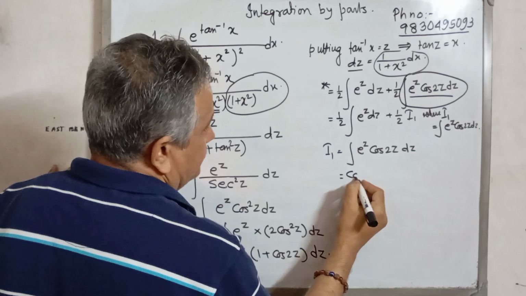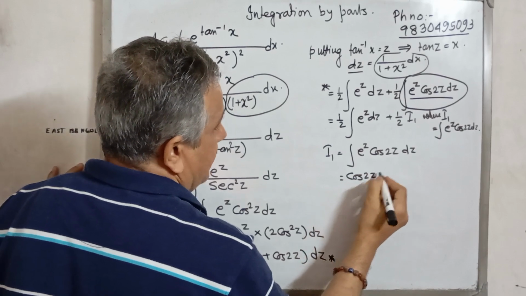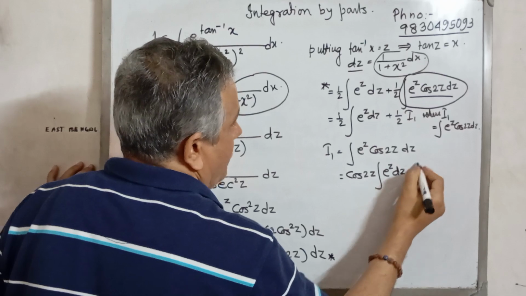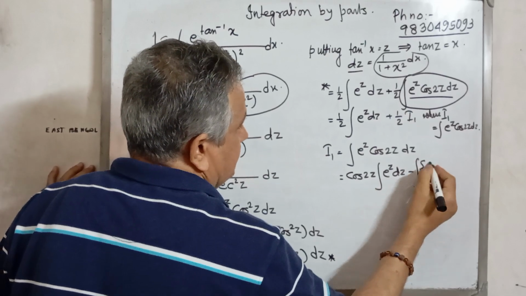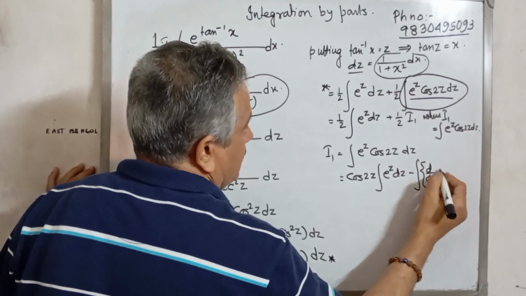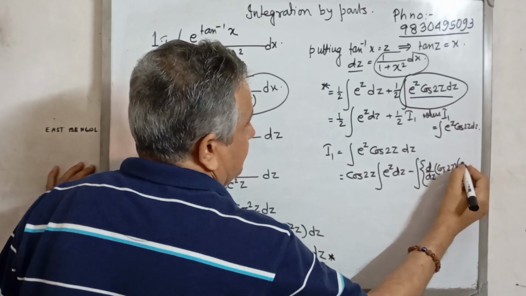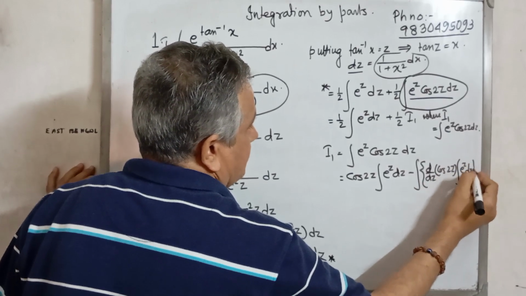Now this is by parts, using the integration by parts rule: I1 is cos 2z into integration e to the power z dz, minus integration of d by dz of cos 2z times integration e to the power z dz, whole dz.